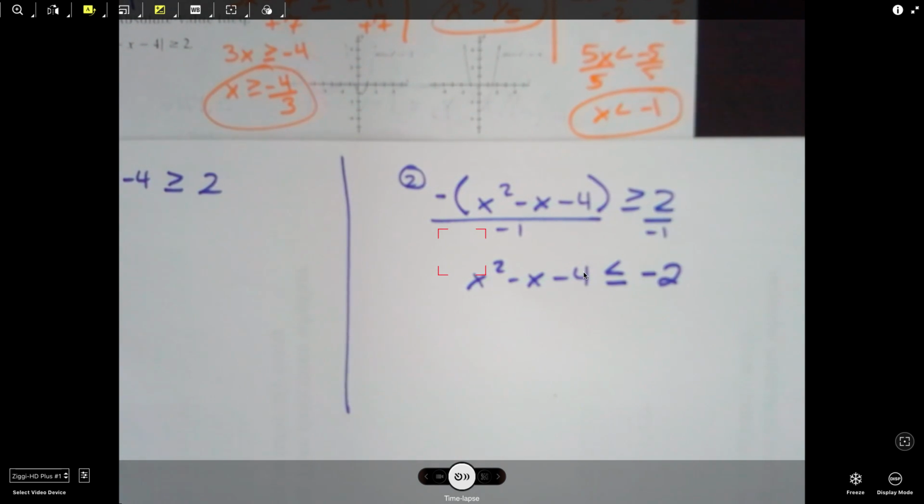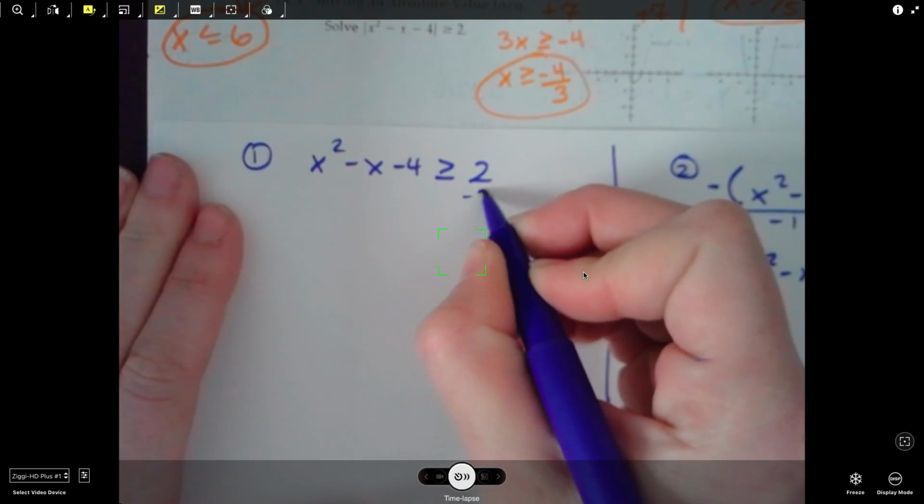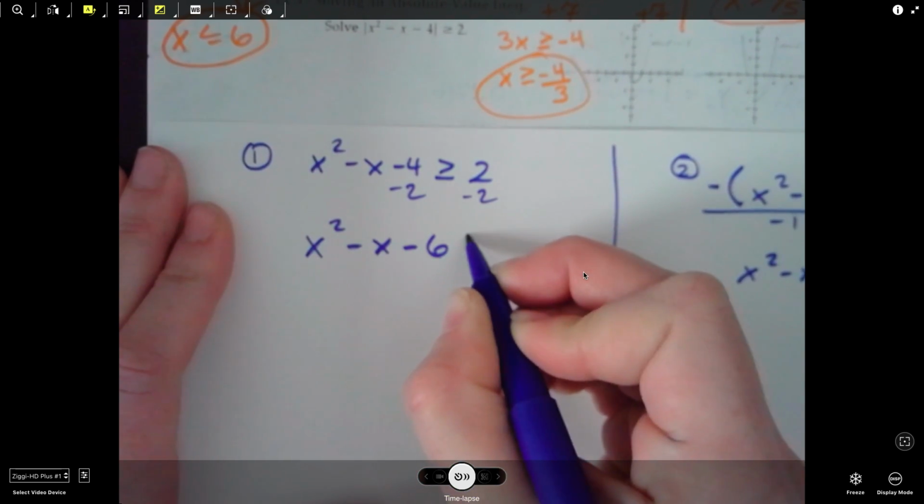Happy with that? Okay. How do you solve number 1? What are we going to do? Put it all on the same side. Yep. Subtract 2. X squared minus x minus 6 is greater than or equal to 0.